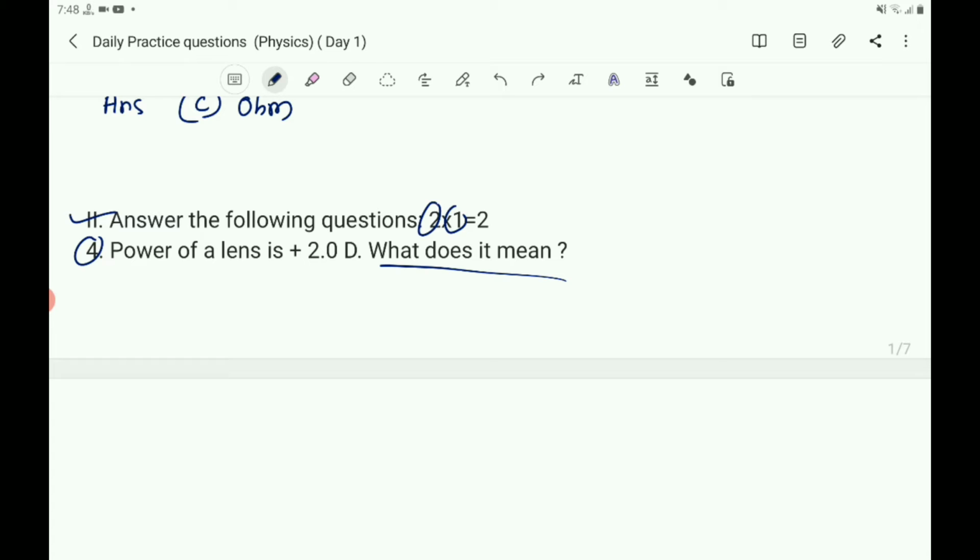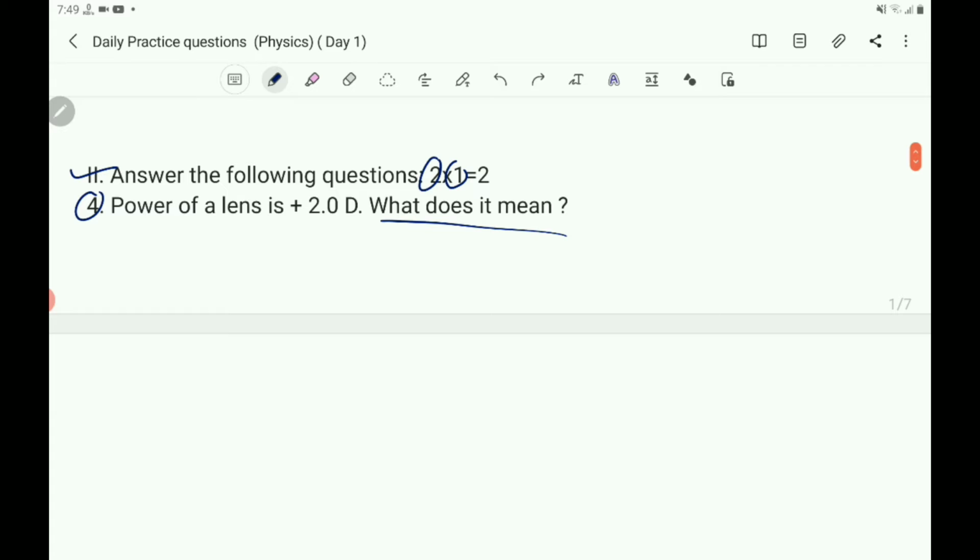You know that the relation between F and D, focal length and power, is D equals 1 by F and F equals 1 by D. So that is 1 by 2, that equals 0.50 meter. That is plus 0.50 meter. That is the focal length of that lens is 0.50 meter.